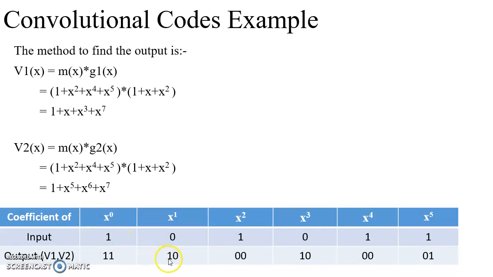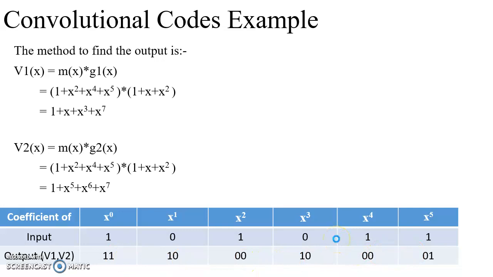So v1 v2 is 1 0. Likewise x raised to 2 is 0, 0, not present in both. X raised to 3 is 1, 0. X raised to 4 is 0, 0. X raised to 5 is 0, 1. We are not mentioning x raised to 6 and x raised to 7 deliberately, because there are only 6 input bits, so we write the corresponding output only.